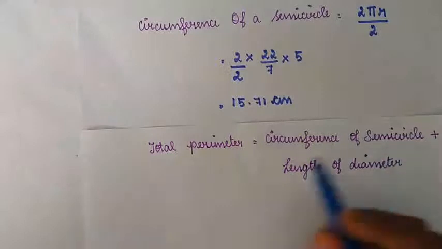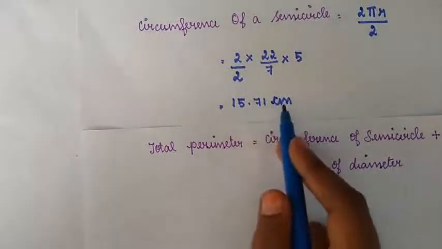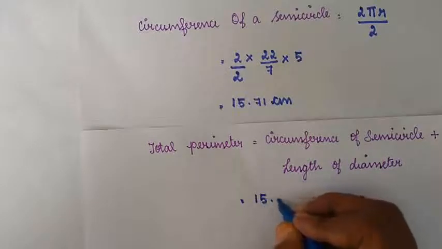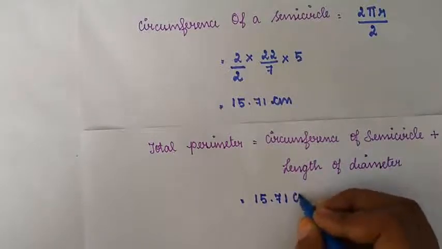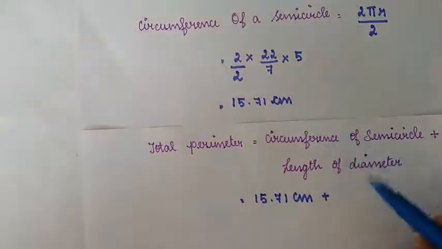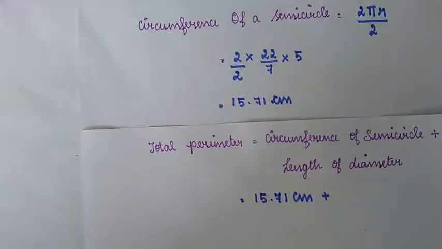What is the value of the circumference of the semicircle? 15.71. Plus the length of the diameter, which is 10 centimeter.